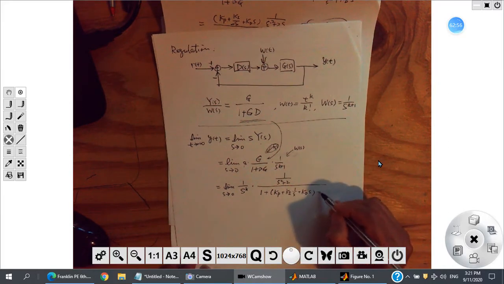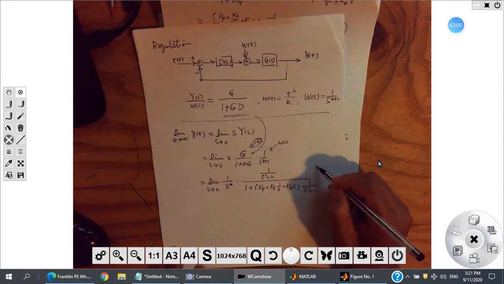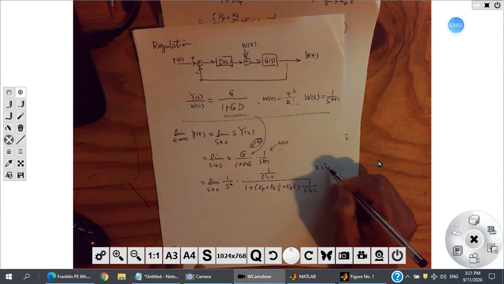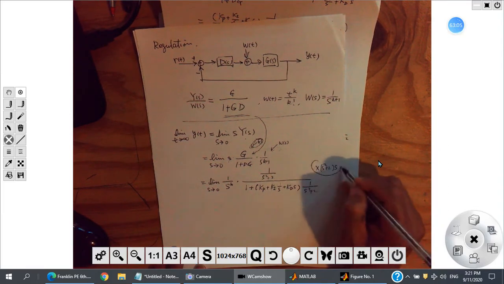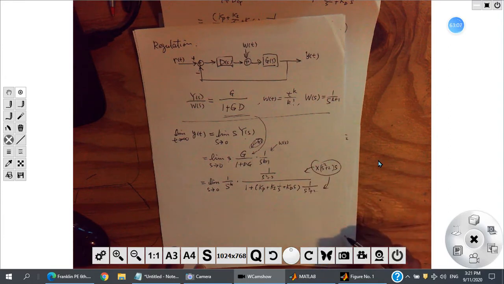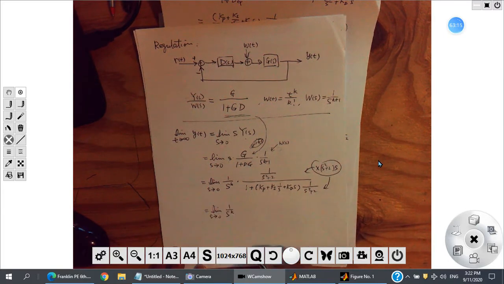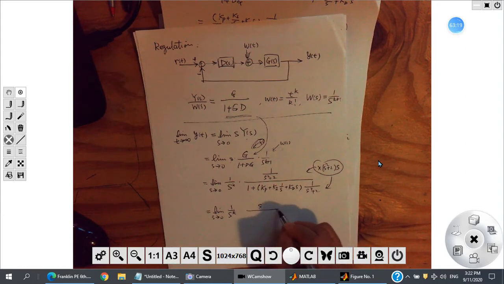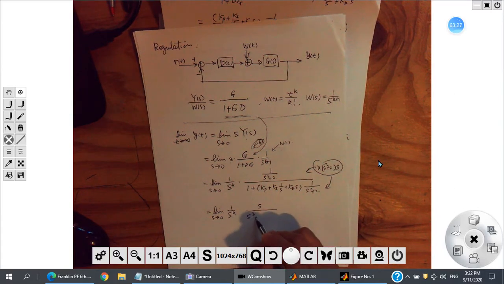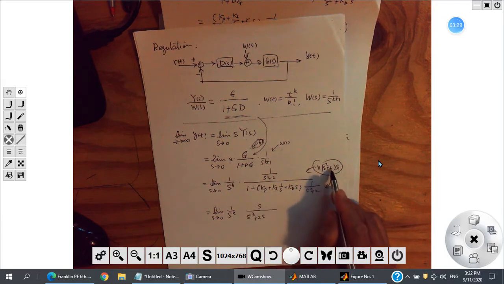And G is 1 over S squared plus 2S. Multiplying by S squared plus 2S in both numerator and denominator, this gives us the limit, 1 over S to the K, and numerator is S, and denominator S cubed plus 2S.